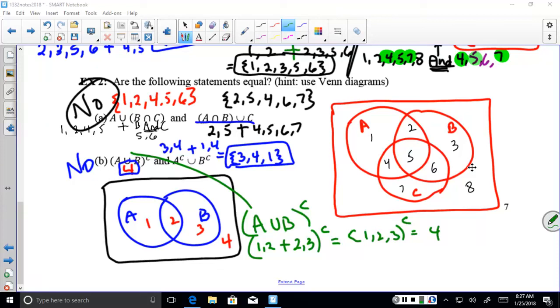Actually, what happens is something called De Morgan's Law. You don't really need to know this yet. De Morgan's Law says if you have a complement outside the parentheses, you can bring it down to every individual set inside, but it flips your sign. And so A union B complement would actually equal A complement intersect B complement. They equal each other. But we won't get there yet.